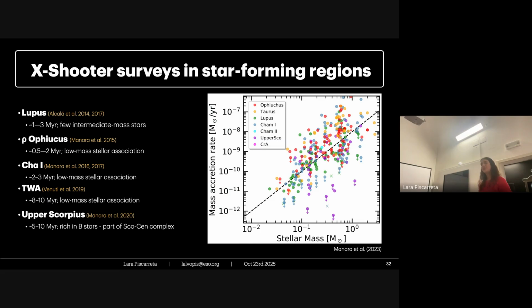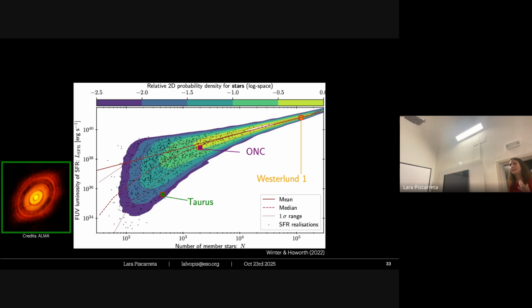But an important point that I want to make here is that most of these accretion surveys have been performed in nearby low-density star-forming regions, such as, for example, Taurus here. And in these regions, we can basically assume that the protoplanetary disks evolve in isolation. So there's no interaction with the environment, or for example, with other stars, such as flybys, etc.